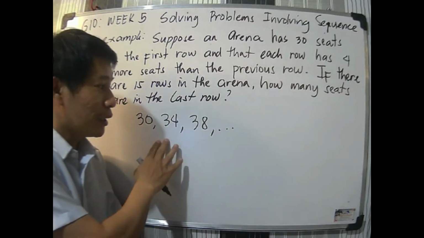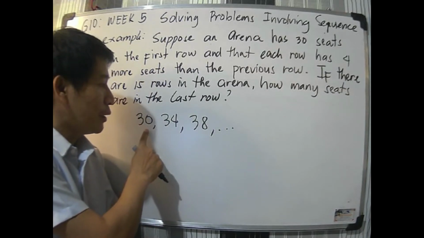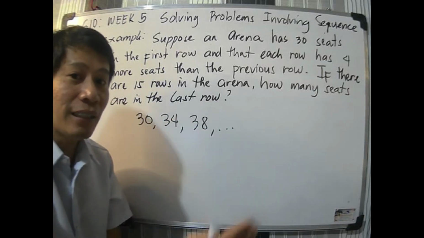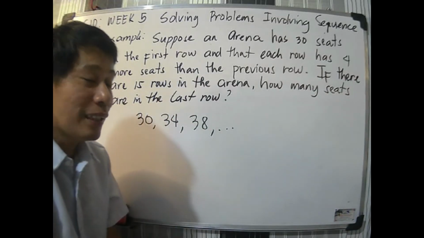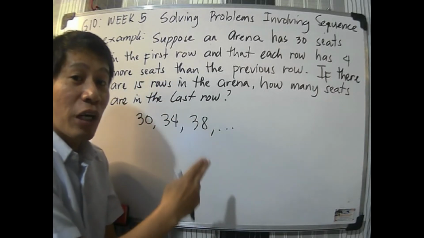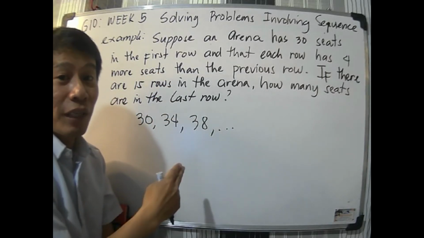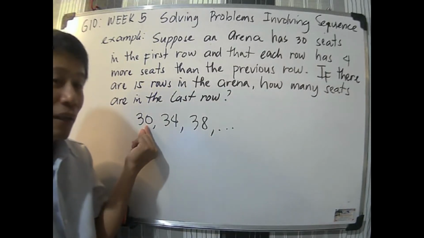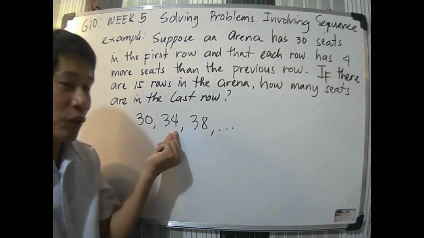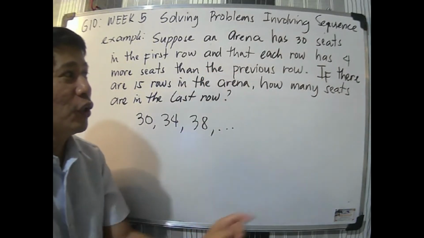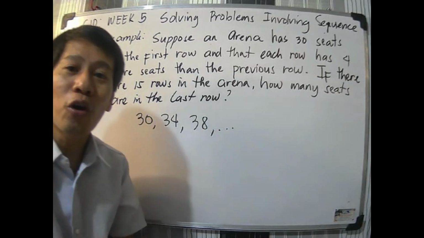Remember, in arithmetic sequence, yung term ay nakukuha by adding the previous term to the common difference, makukuha mo yung susunod na term. So, tingnan nyo. 30 plus 4, 34. Plus 4, 38. At ano yung 4 na yon? Yung 4 na yon, yun yung common difference.